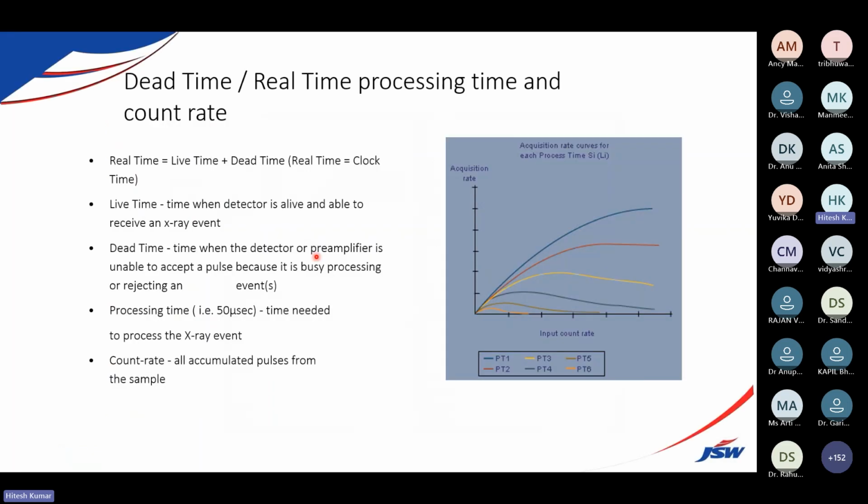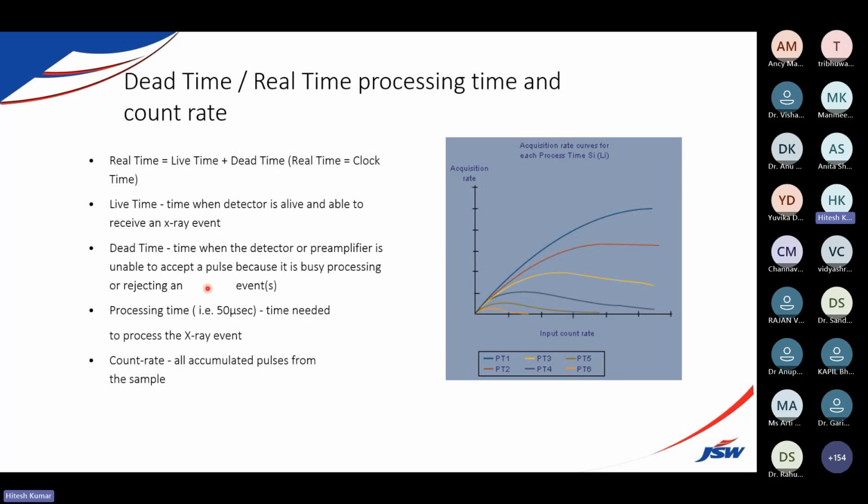So these are the ways to calculate it with EDS, the elemental analysis with the help of energy dispersion. Dead time and real time, processing time and count rate: the lifetime plus the dead time depends on your clock time.